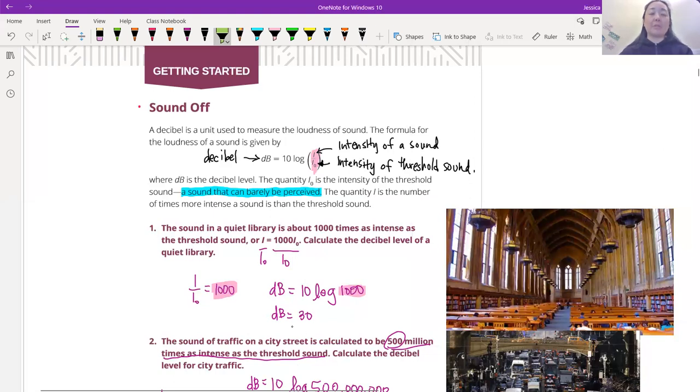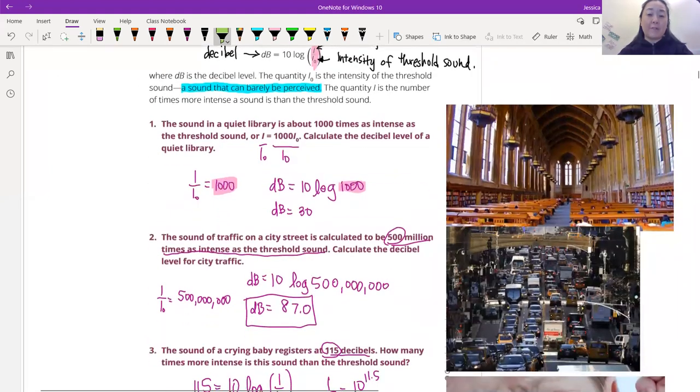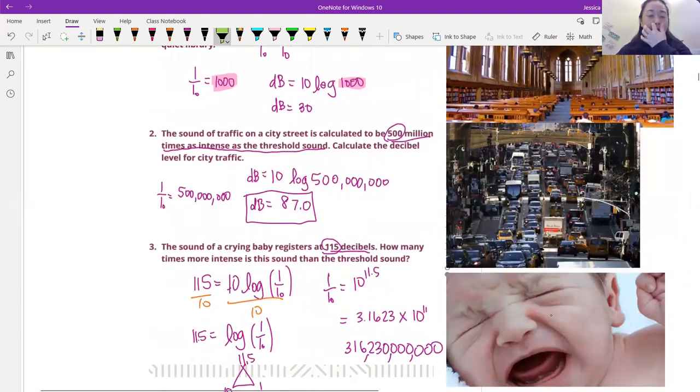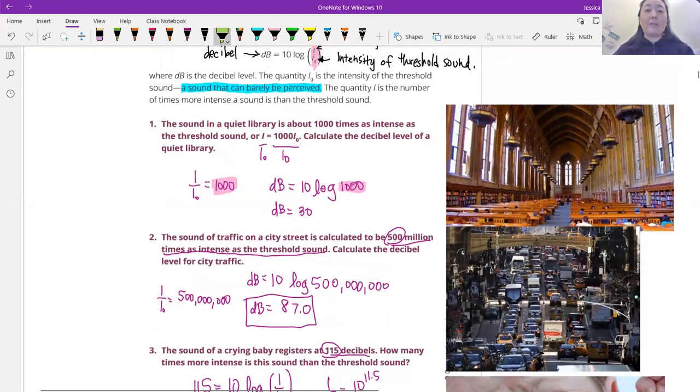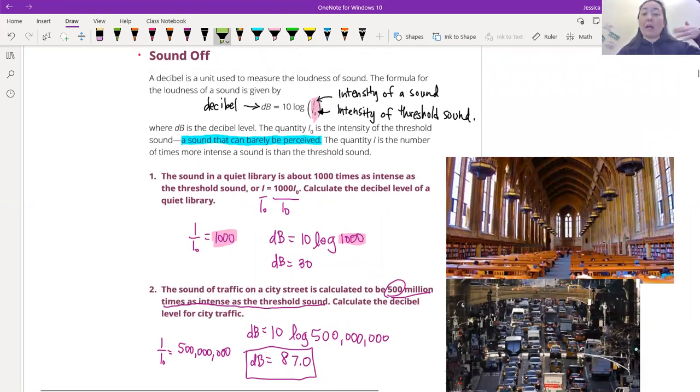And the reason why we use logs is because of this intensity. If a quiet library is 1,000 times greater, could you imagine what a very busy city street is going to sound like? Or a rock concert, or a screaming baby, a crying baby? Can you imagine? Those are going to be really, really high.